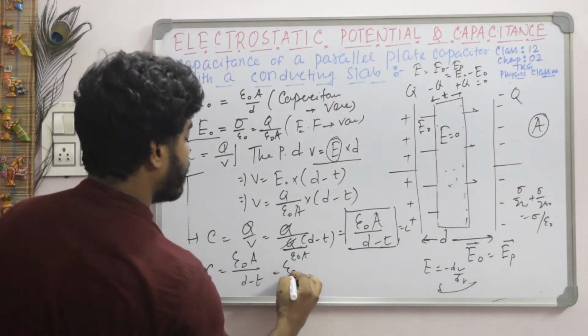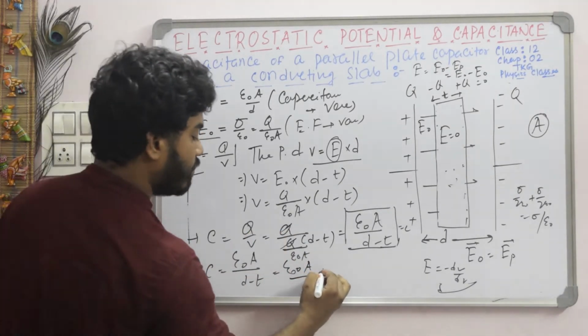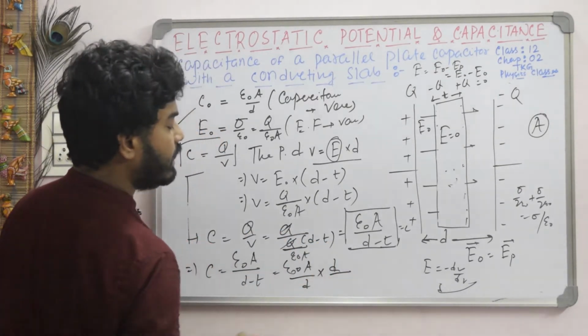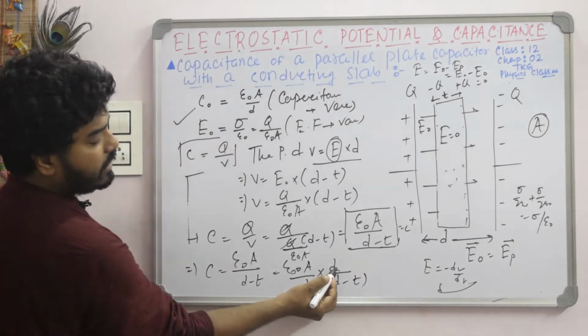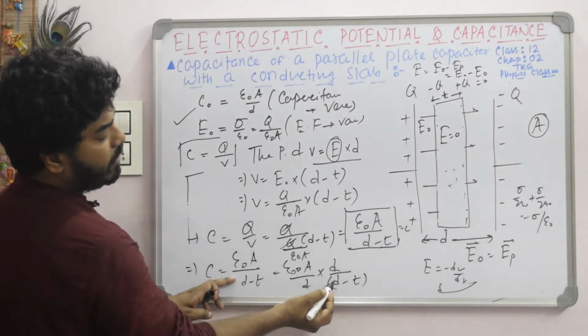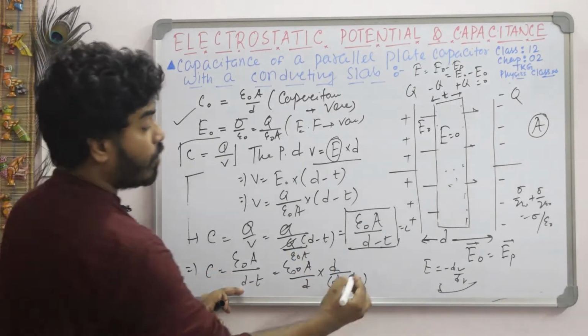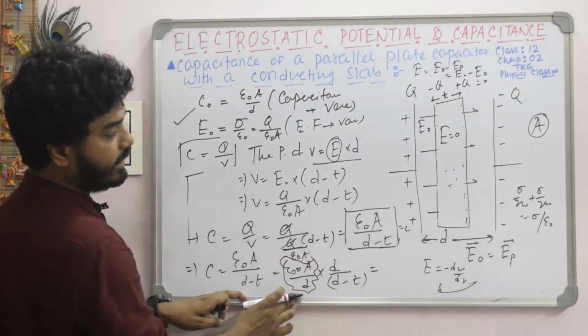Now you just write here epsilon naught A divided by d, into d divided by (d minus t). Now what is epsilon naught A by d?